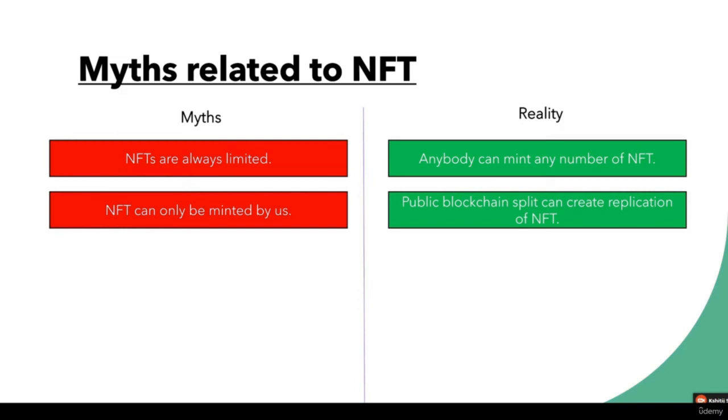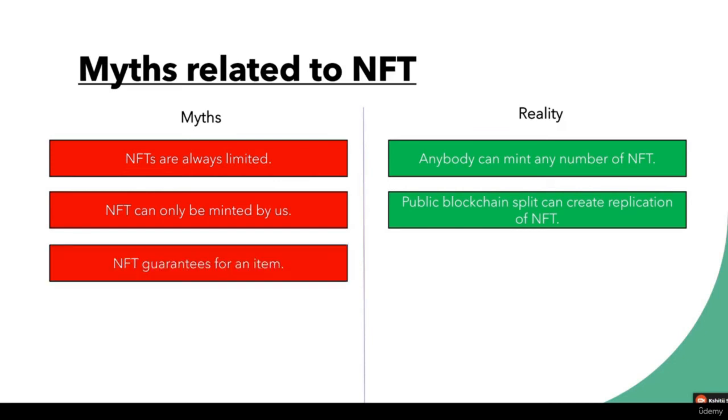When a blockchain gets split, the tokens in the blockchain will also get split. Suppose you have made 5 NFTs and the blockchain gets split, then these NFTs will increase to 10 NFTs. Because of that, the supply of that NFT will increase and the demand will decrease, which automatically will result in a decrease in the price of your NFT. So this thing also happens with blockchains and NFTs.